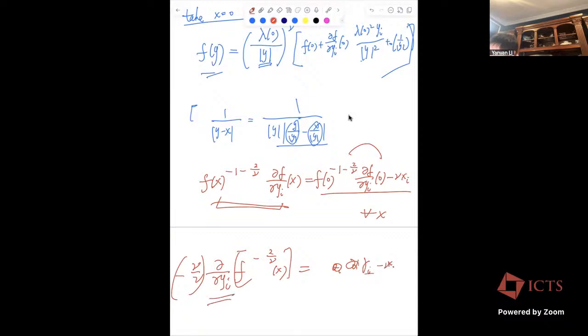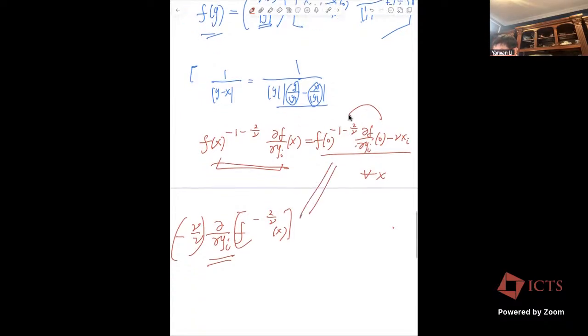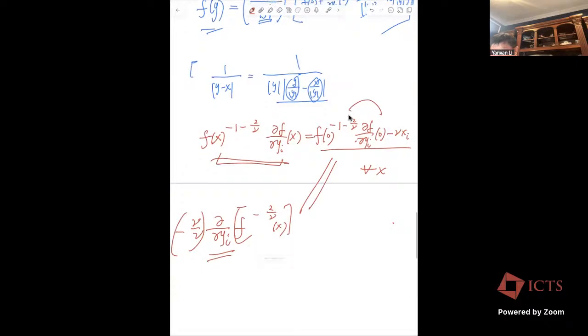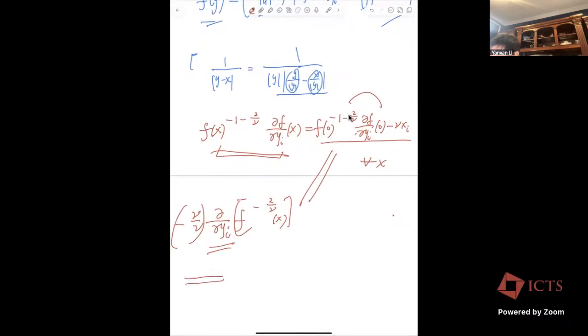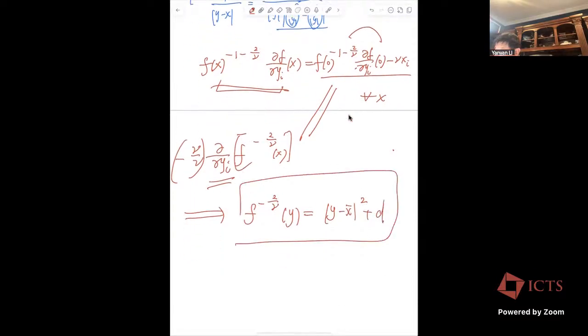So if the gradient is a linear function, then before taking the derivative it is a quadratic function. This is equal to this. So the gradient of that is I. So that means it's a quadratic function. What you have is a quadratic function. This function has to be a quadratic function. So a quadratic function can always be written as y minus x bar square plus a d. You can always write a quadratic function like that.